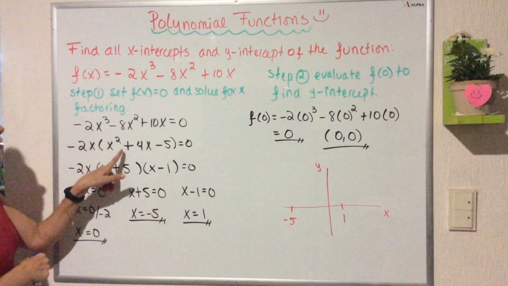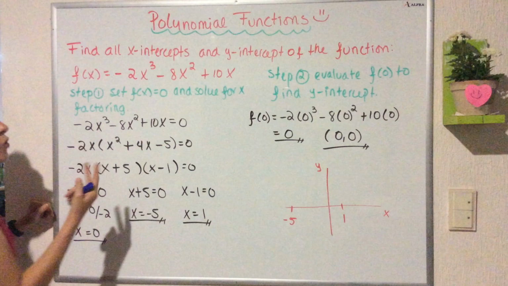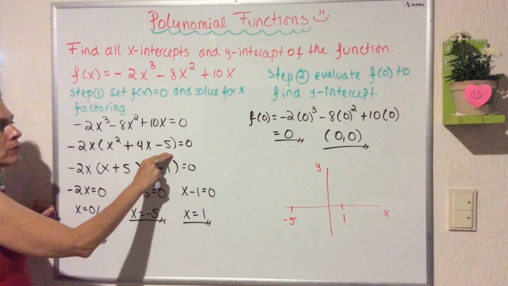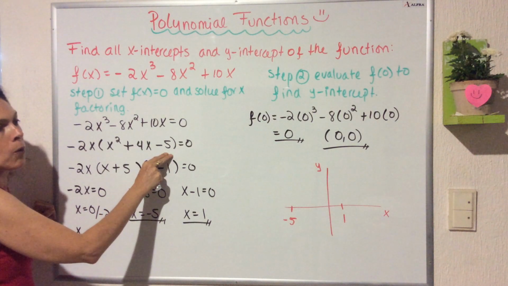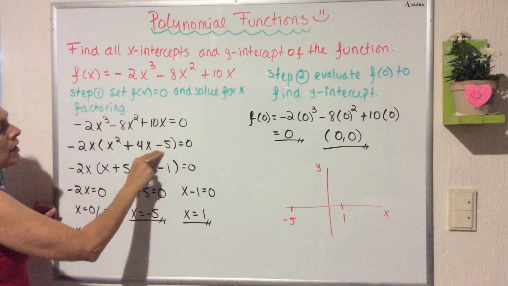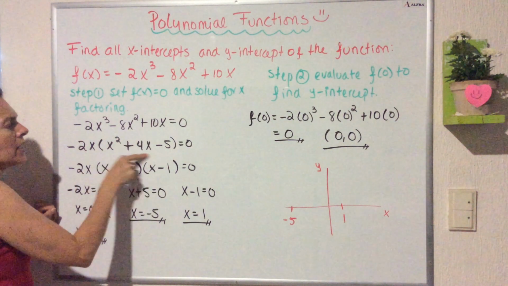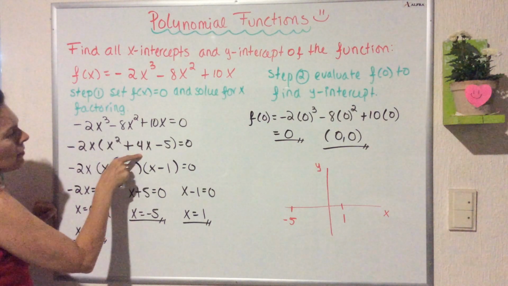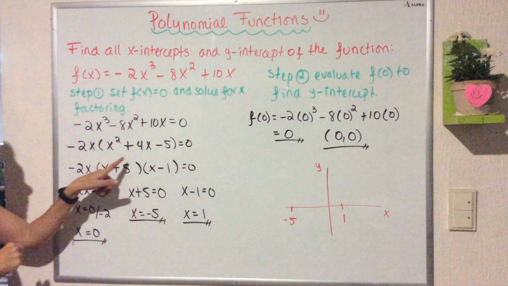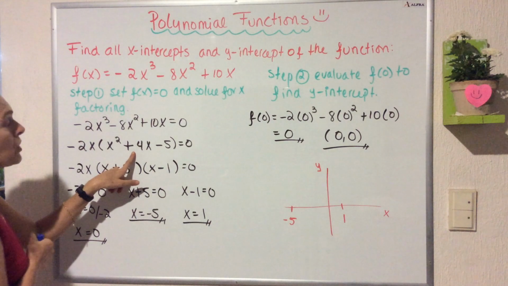We have x to the second plus 4x minus 5. So we have to find 2 numbers that multiplied gives me minus 5. So it could be 1 times 5. But it must be negative. So one of them must be negative. But look at the coefficient that we have in the middle term here. It is plus 4x. So we have to get 4. If we add these 2 numbers, we have to get 4, positive 4.